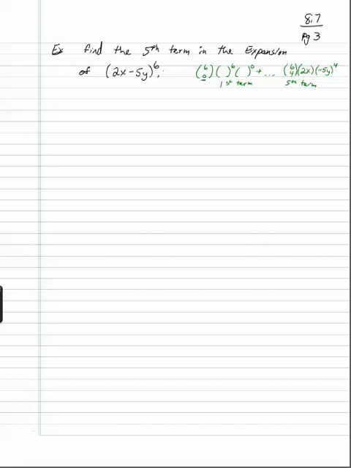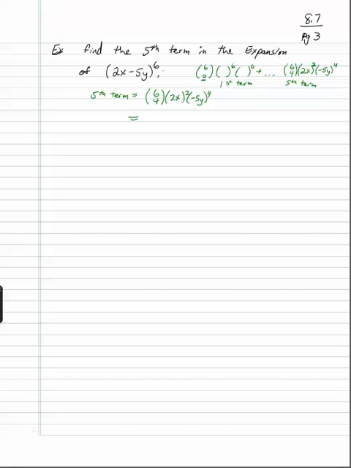And then remember, both of the powers have to add up to the 6. So this would be 2x squared. So the 5th term is going to be equal to 6 choose 4, 2x squared, negative 5y to the 4th.